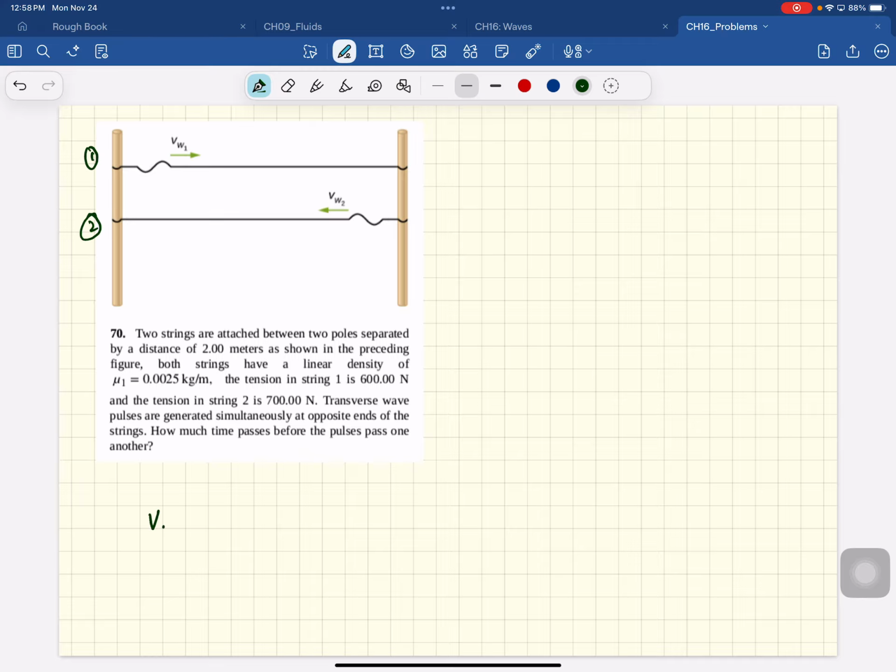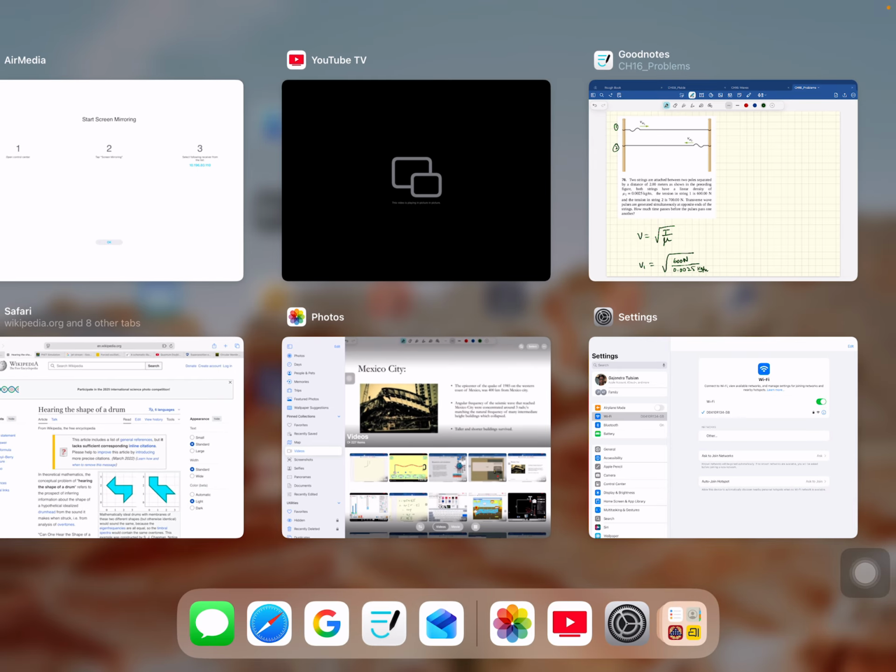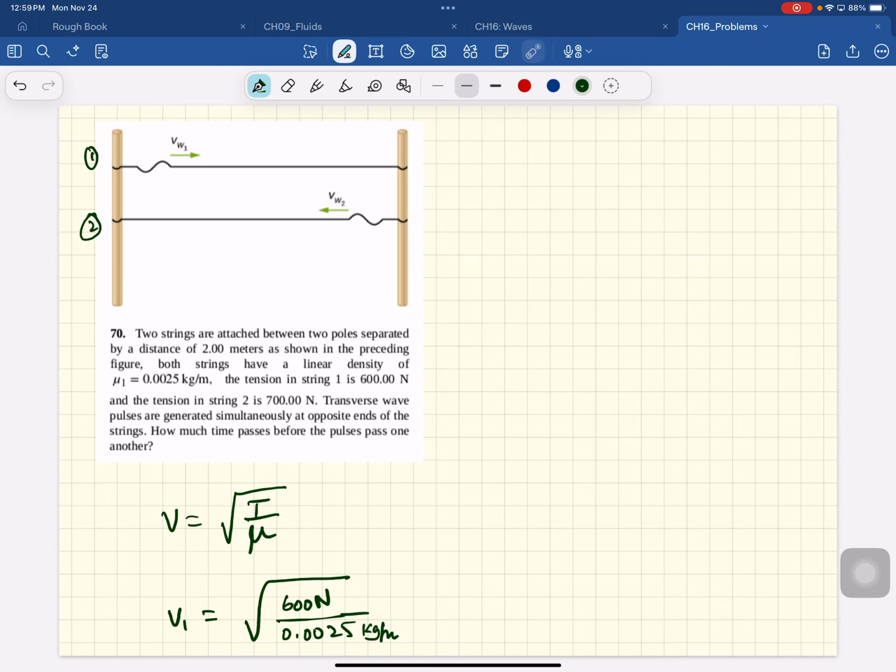So let's calculate. The velocity is the square root of tension divided by mu. So V1 is the square root of 600 newtons, the tension, divided by mu1, which is 0.0025 kg per meter. So this will be 25 times 10 to the minus 4.